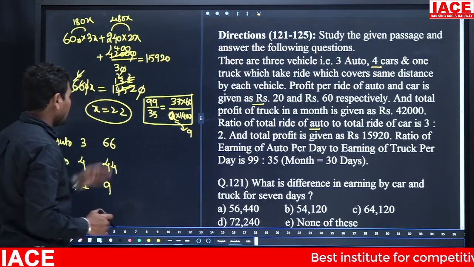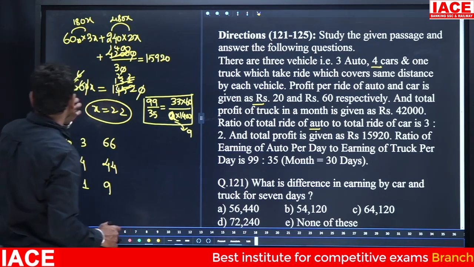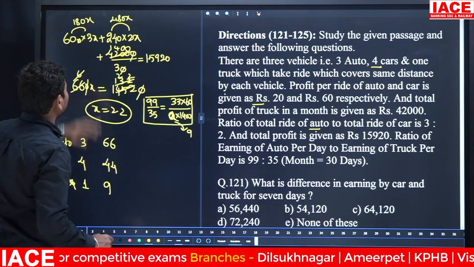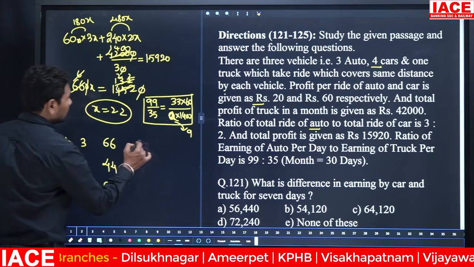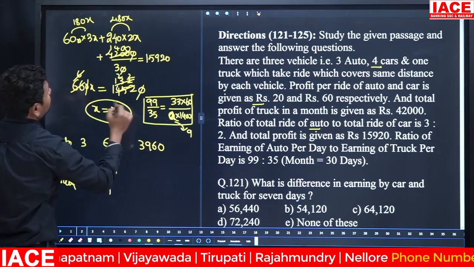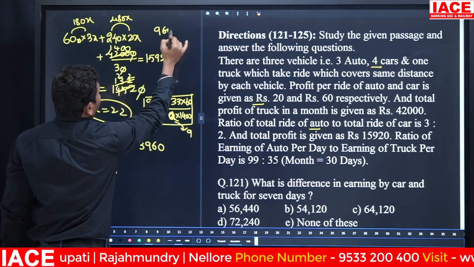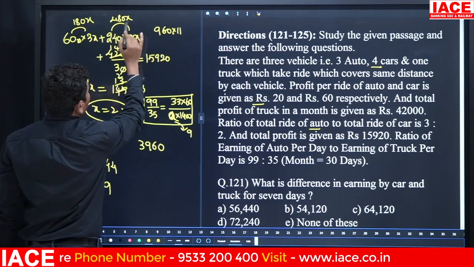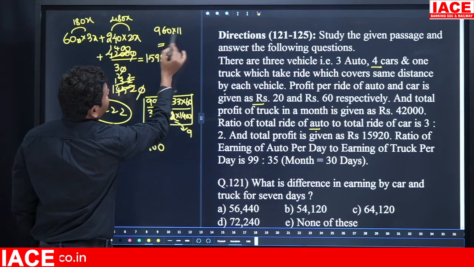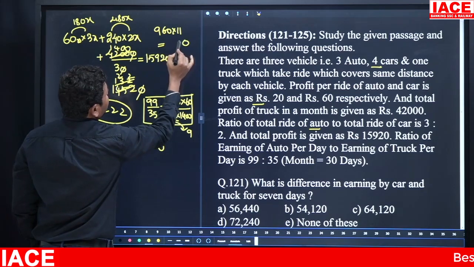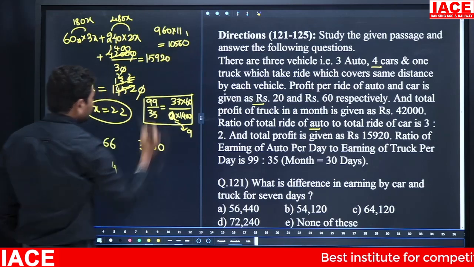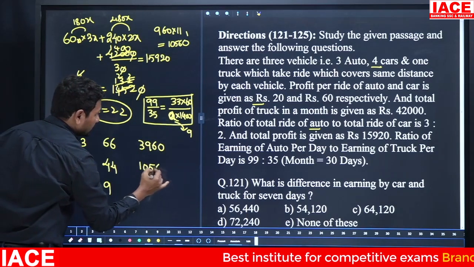Then we have to dispatch the money. 22 into 180: 18 twos is 36, 36 into 11 is 3960. Next, 480 into 22 is 960 into 11, which gives 10560.